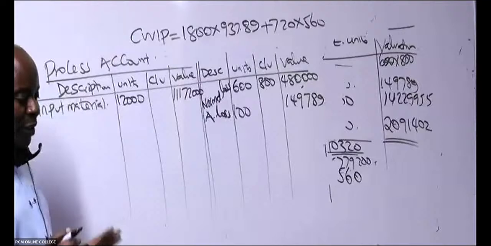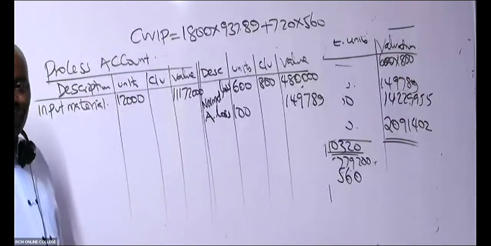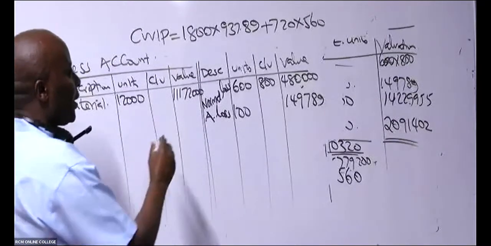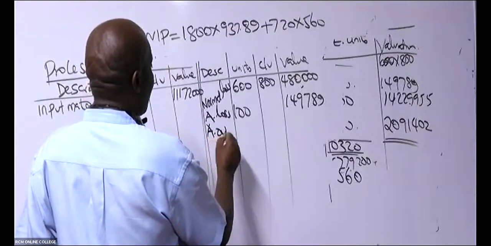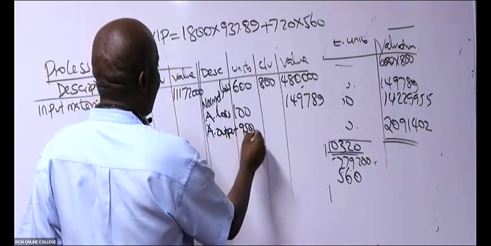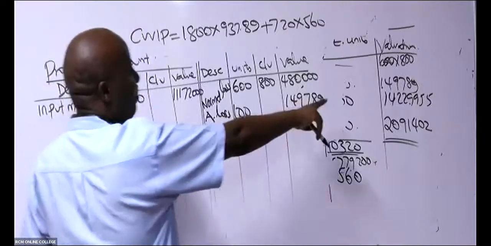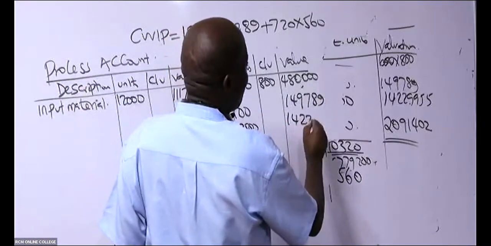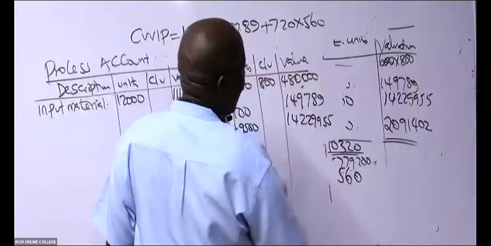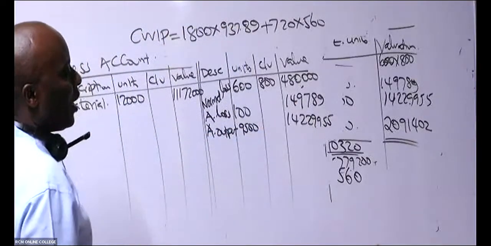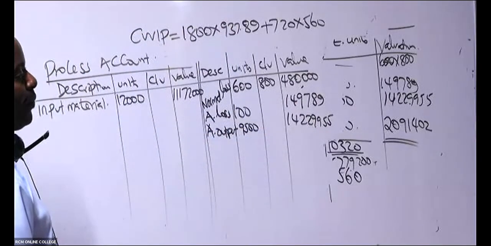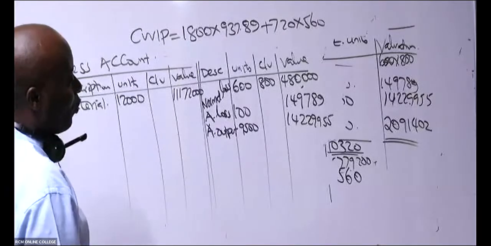After abnormal loss, what else do we have? Actual output, isn't it? So actual output 9,500, whose total value is this big figure, 14,229,955, isn't it? And then you have given me this thing of what here, somebody?